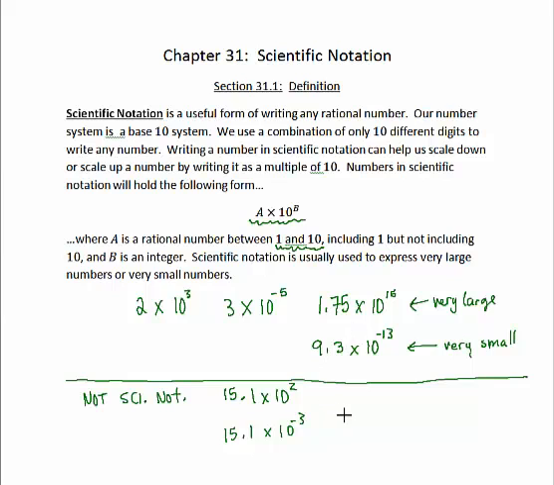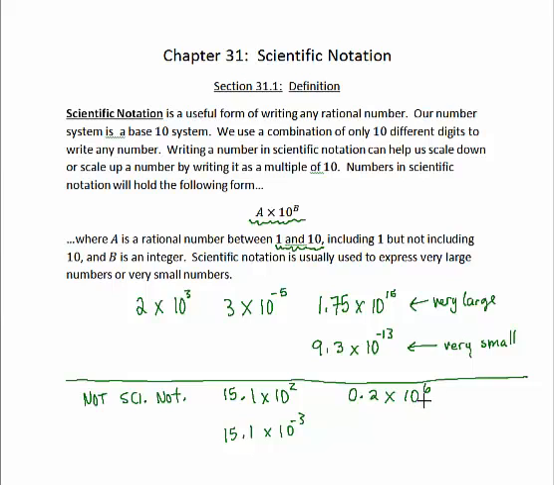Another example of a non-scientifically notated number would be 0.2 times 10, let's say to the 6. Again, it's not important what we put here for the power of 10. And B, the only catch with the exponent is that we want B to be an integer.